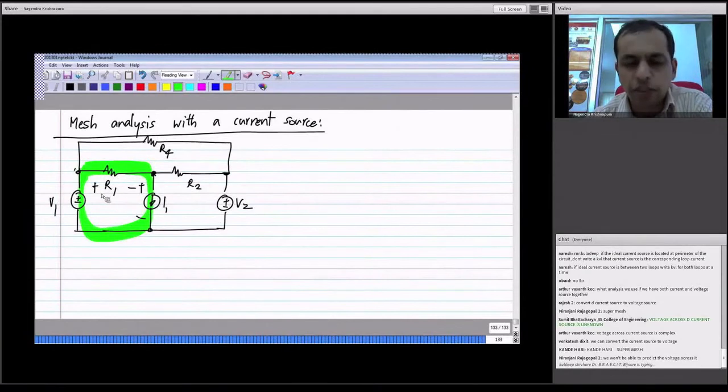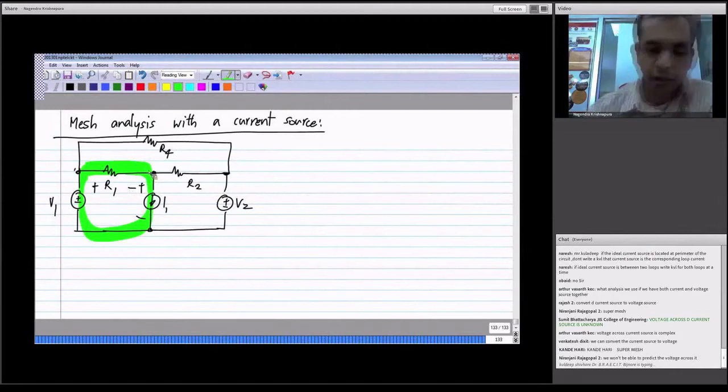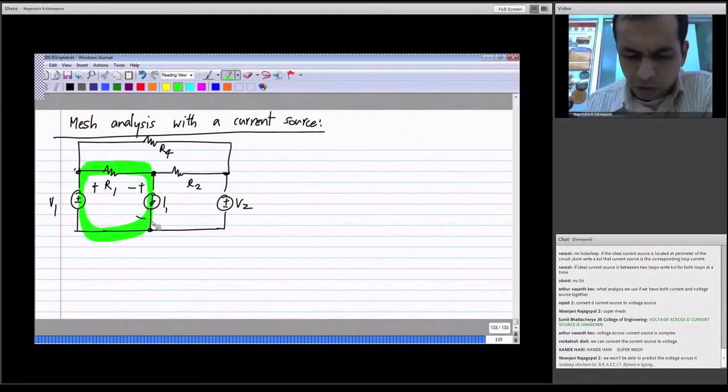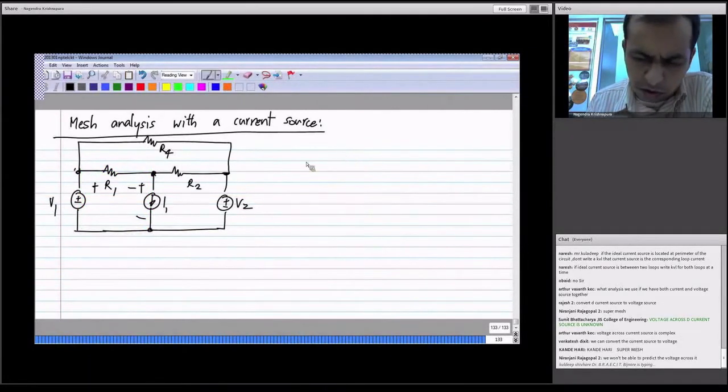Whereas a current source by definition can support any voltage across itself. So we cannot express the voltage across the current source as something related to the current value. Okay. So the problem is the unknown voltage across the current source.